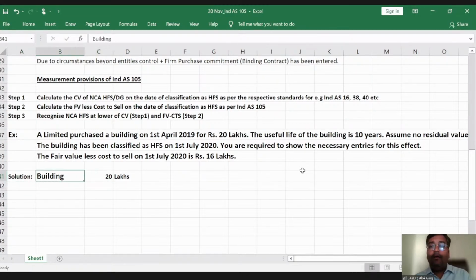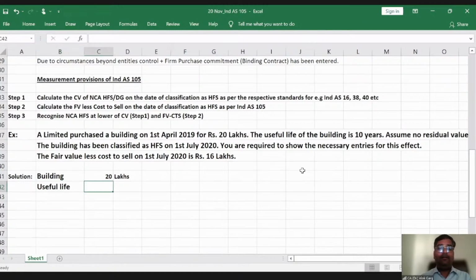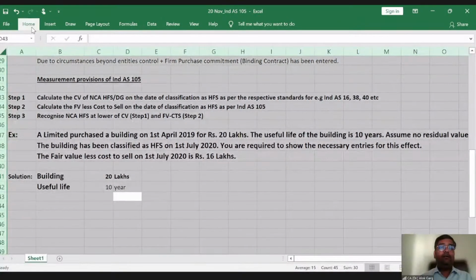The useful life of the building is 10 years. What is the useful life? The useful life is 10 years. Okay.